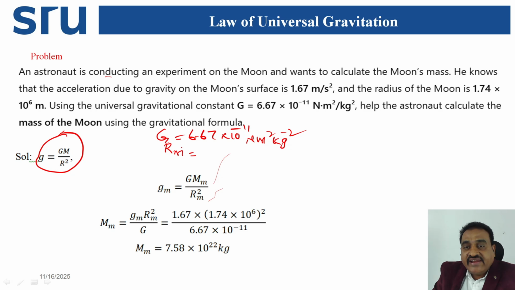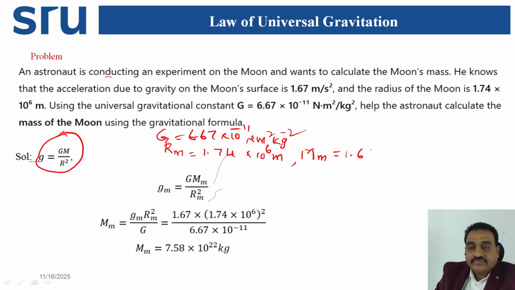The radius of the moon is 1.74 × 10^6 meters.